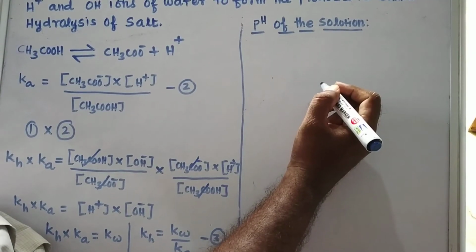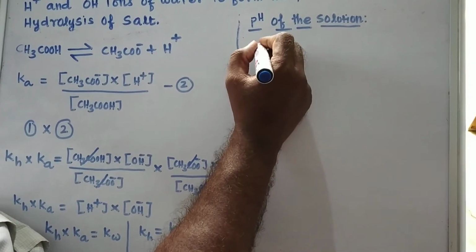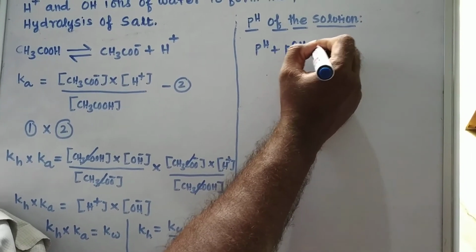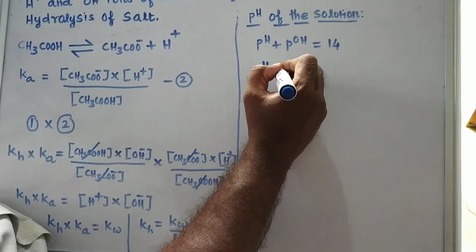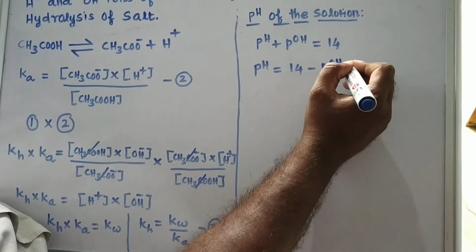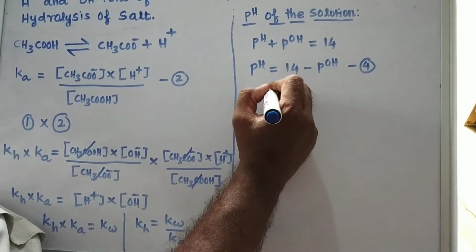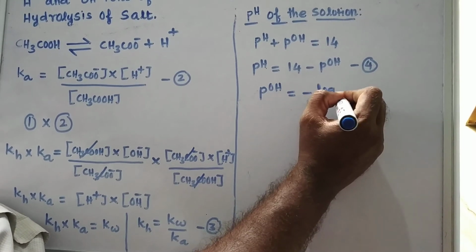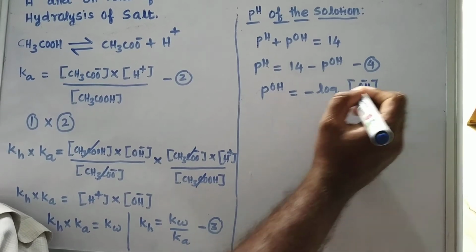Now we are going to see the pH of the solution. It's known that pH plus pOH is equal to 14. Then pH is equal to 14 minus pOH. This is equation number 4. The value of pOH is minus log base 10 of the concentration of the OH minus ion.